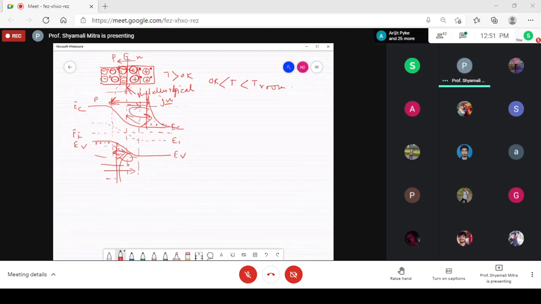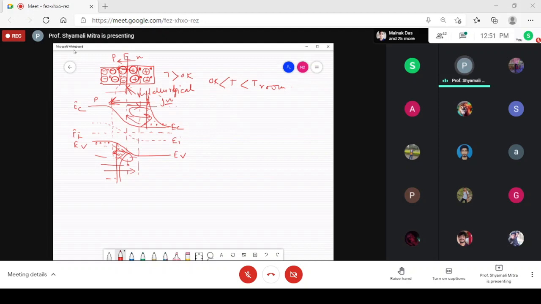Now, from this point, we'll be trying to calculate how much this depletion region width is. We can say that there has been a depletion region extending to the p region, and some of it extending to the n region, so there is some width being generated.